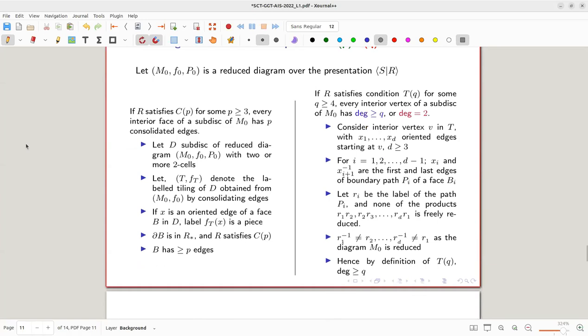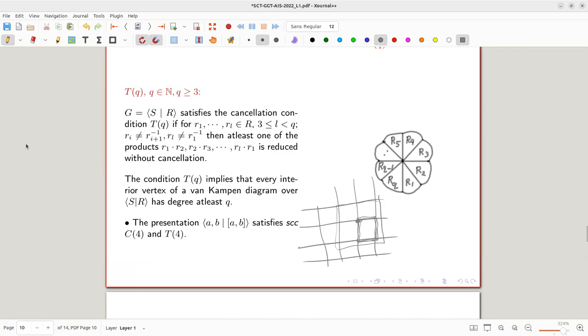Now if you only look at one more, sorry, yes. That presentation of the fundamental group of the torus, Z plus Z. You said it is T4, right? Yes. Why is it T4? If you see this argument, then you will understand, because that's a better way. This is not so good a way to understand TQ. This is the definition classically, but this is a better way to understand what TQ essentially implies.